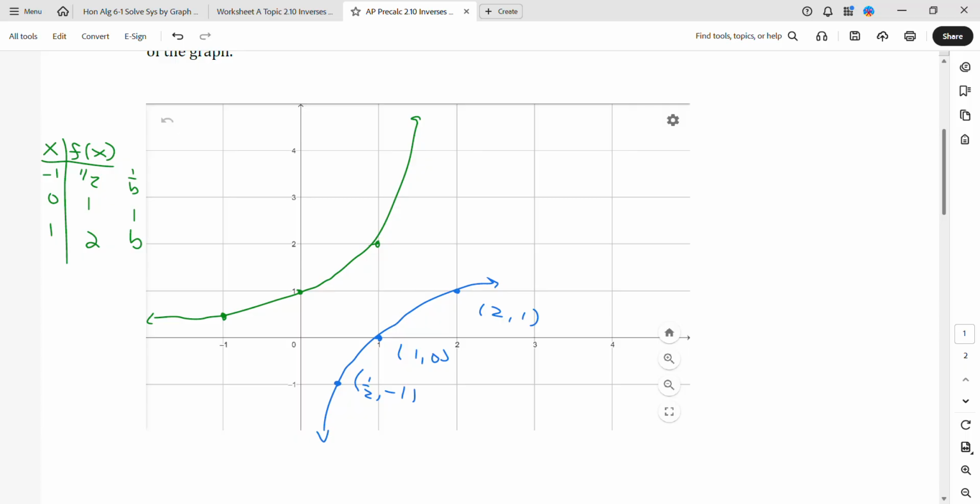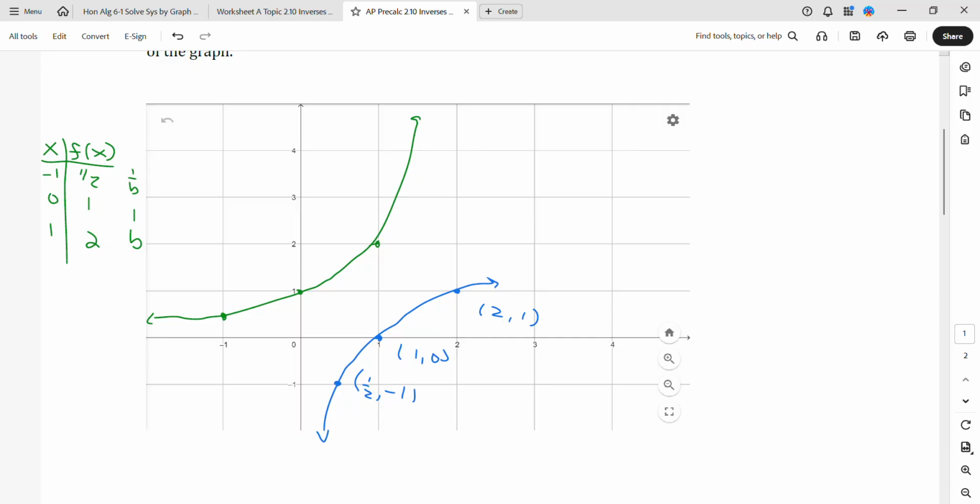Does anybody remember across which line inverses are a reflection over? It is y equals x, because with an inverse, we are essentially saying the y's equal x and the x's equal y.